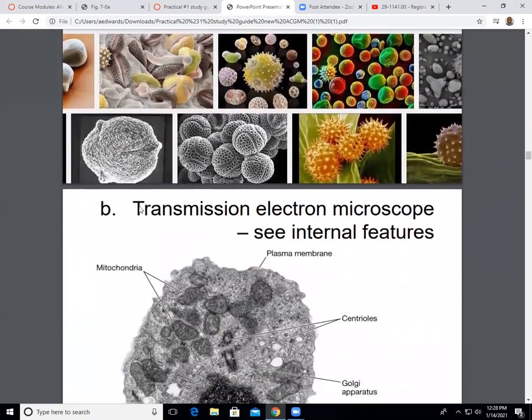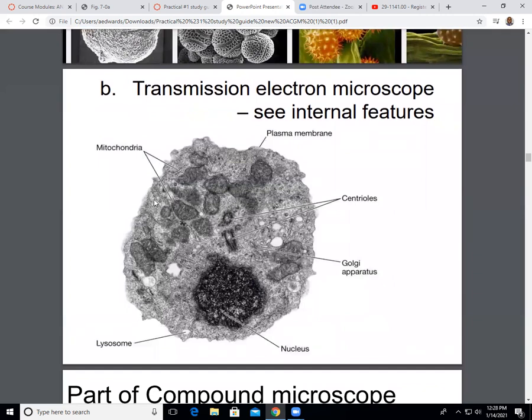Now, the other kind of electron microscope, or non-optical microscope, is a transmission electron microscope. So the scanning tells you the external or surface features. Transmission electron microscope tells you the internal features. So now instead of seeing this three-dimensional image, you're seeing what's on the inside, and it's more two-dimensional.